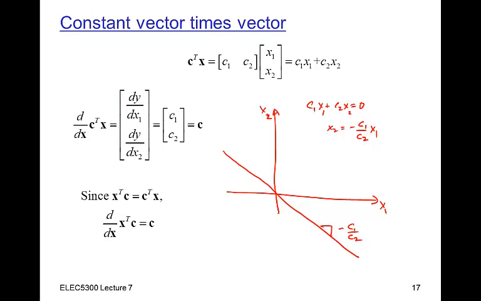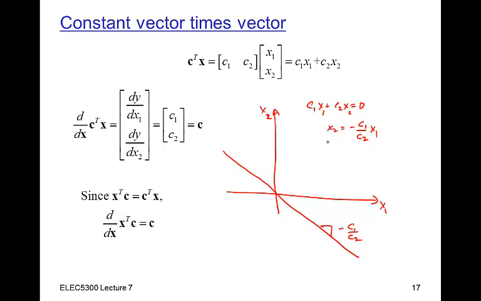And then for any other point, let's say this is not 0 but some other value, all that would end up happening is that I would add an offset to this.